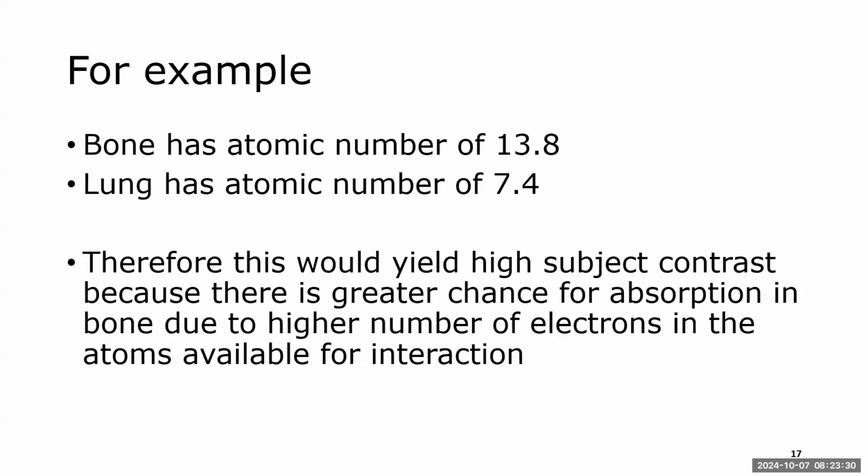So when you have something like bone and lung, so you think about the chest, right, and you have the ribs and the lungs, that naturally has high subject contrast, right? Because there's a big difference in atomic number between the bone and the lungs. Everybody following? Okay.